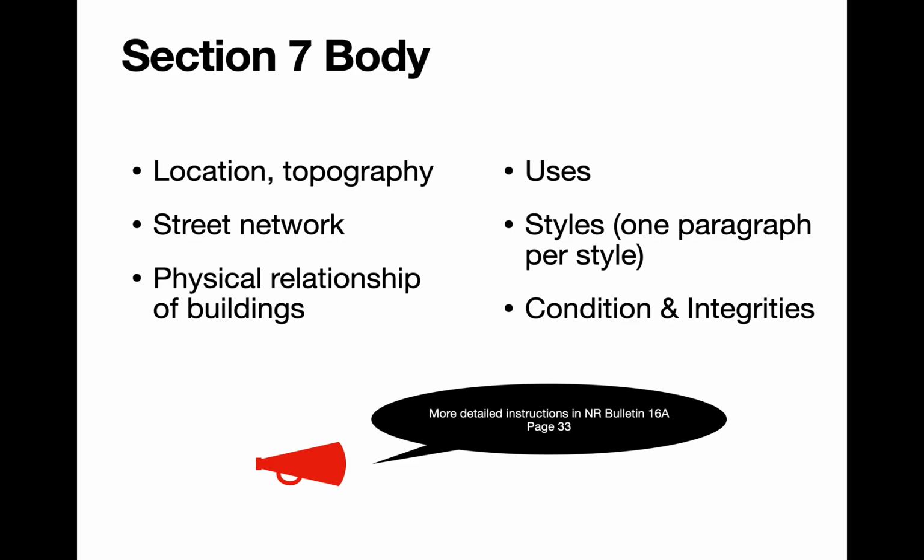Street trees, buffers, all of that stuff. Then the physical relationship of buildings. So what's the setback like? What are the yards like? Driveways, outbuildings. Then you'll talk about uses. Then styles. You need to have one paragraph per style to discuss the features of that style. And finally, the condition of the buildings and the integrities.